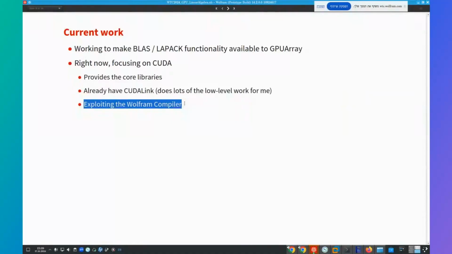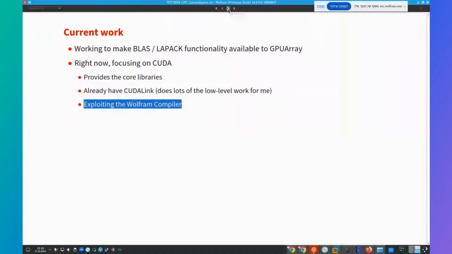But basically all the code I wrote to make this possible was Wolfram language code. And then the Wolfram compiler, building on top of CUDALink and CUDA compile tools, did all of the hard work of generating object code, and if you know what NVCC is, running NVCC, et cetera.